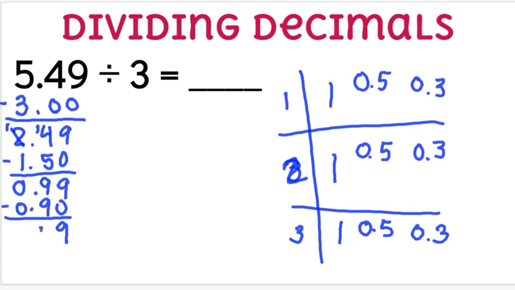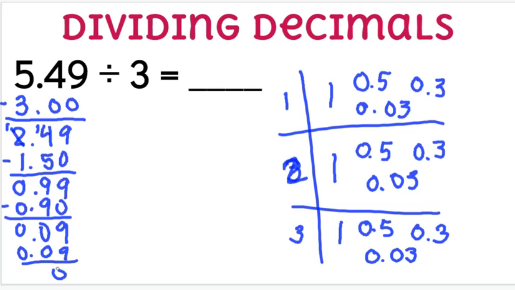And so in order to figure out what we have remaining, 3 times 3 is 9, so 3 groups of 3 hundredths is going to be our last amount that we can put into each of these groups.